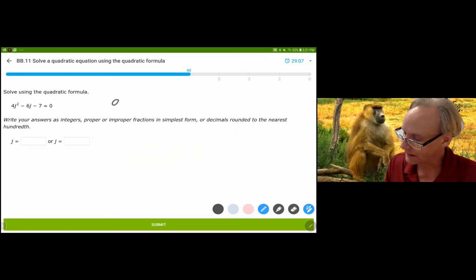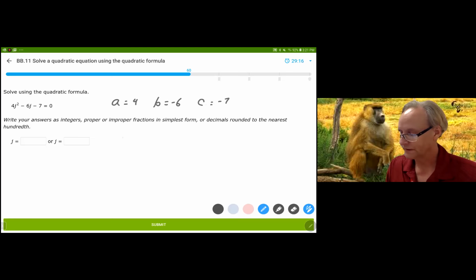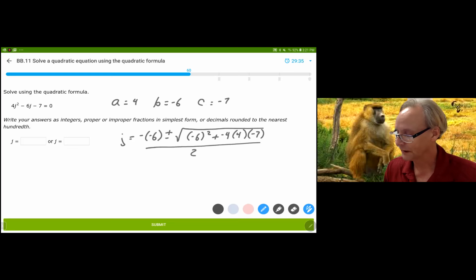So I have a is equal to 4, b is equal to -6, be careful with the parentheses, and c is equal to -7. So we're going to say j is equal to -b plus or minus the square root of b squared plus -4 times a times c, all over 2a.